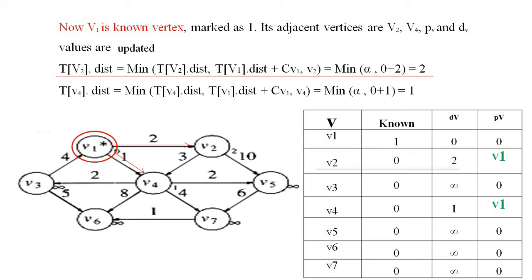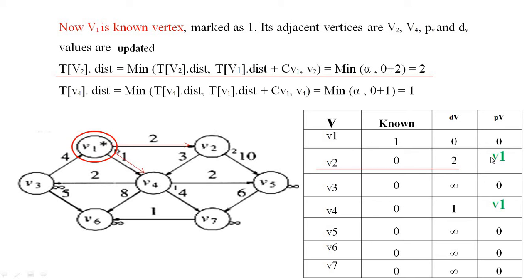Now the minimum value is 2 because the previous value is 0 plus the current weight 2, through the path v1, so we mark it as v1 in green color.